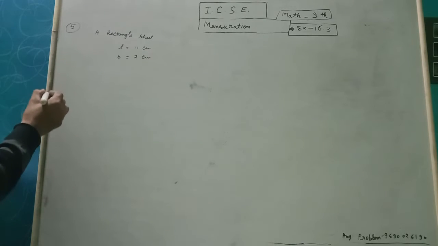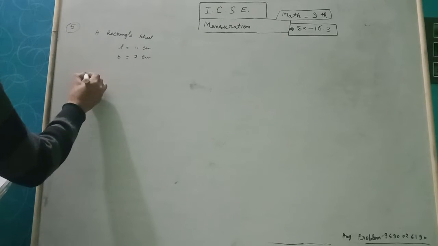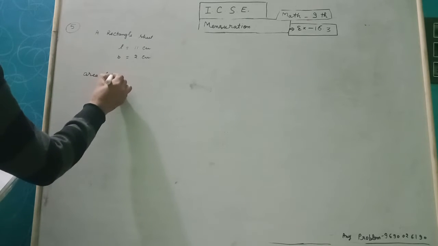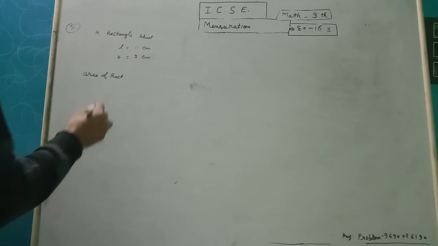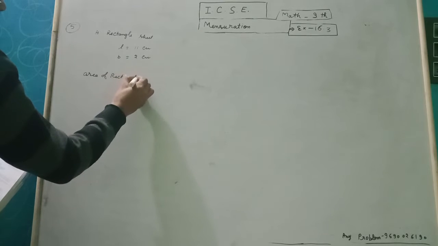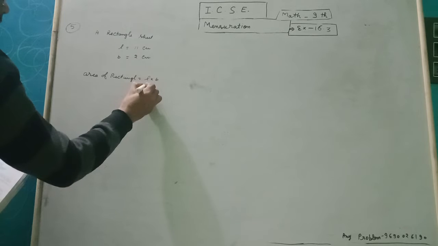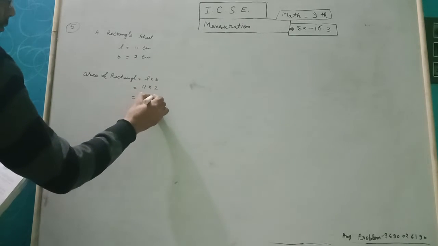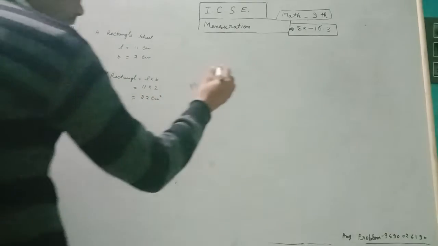Area of rectangle, the sheet is rectangular shape, L into B, L value 11, B value is 2, after multiplying 22 cm square. That is the figure.